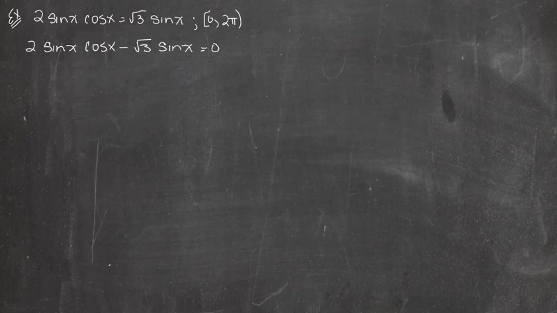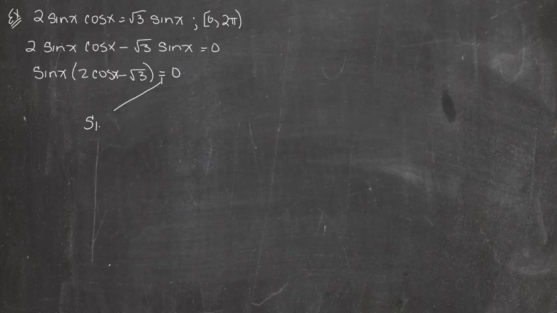So remember, when solving algebraic expressions involving polynomials, we often want to get everything on one side equal to 0 and then do some factoring. The same thing here, we're going to factor that sine x out. So sine x times 2 cos x minus root 3 equals 0. And so now what I really have is factors that I can solve using the zero product property.